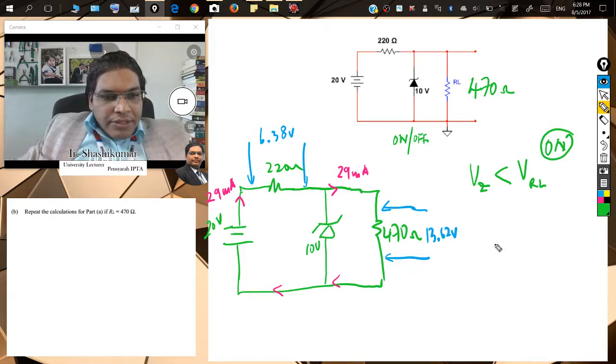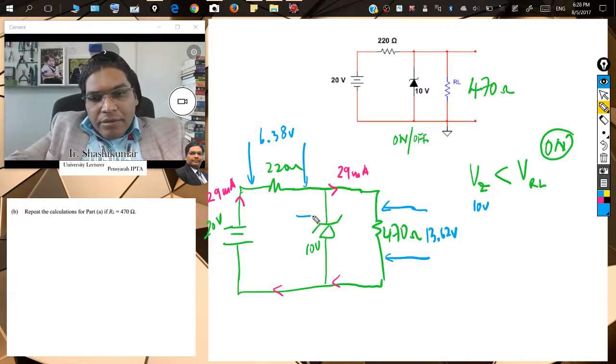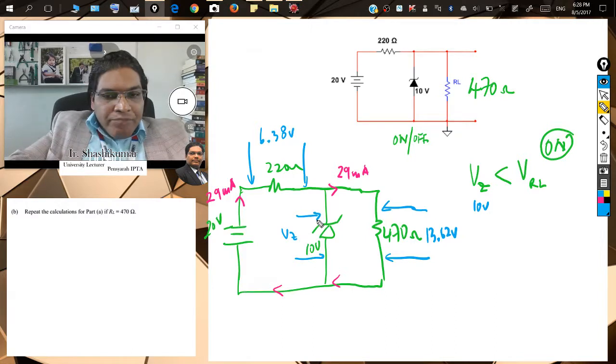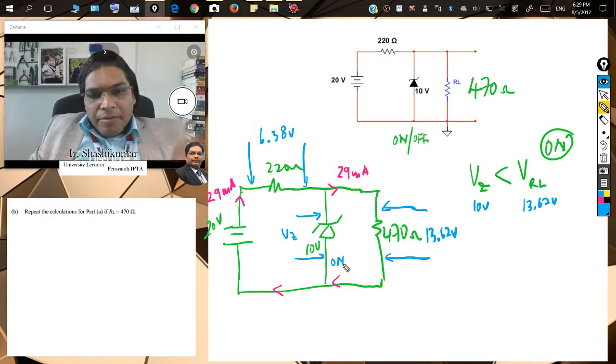So for this case, Vz is 10 volts, the voltage across it being clamped to 10 volts, and you have a VRL here of 13.62 volts. So that satisfies the case: the Zener diode is on.